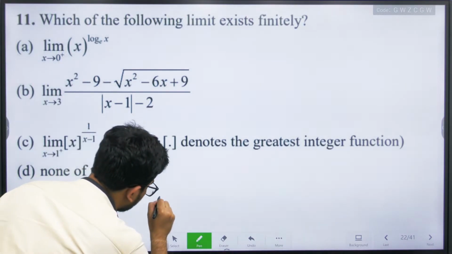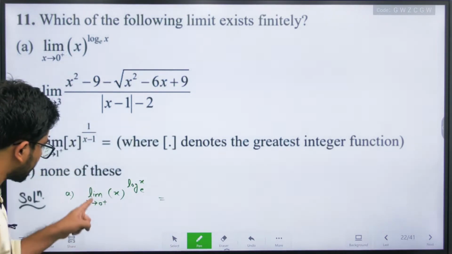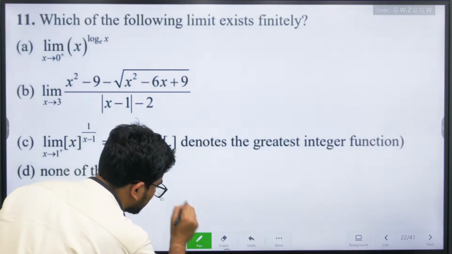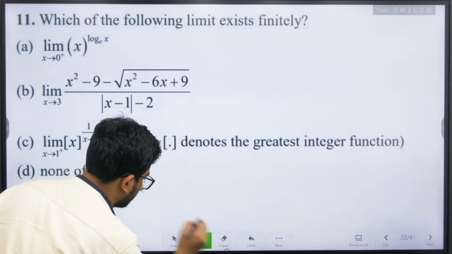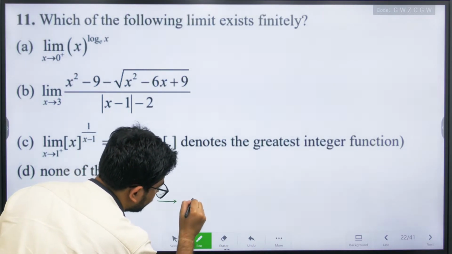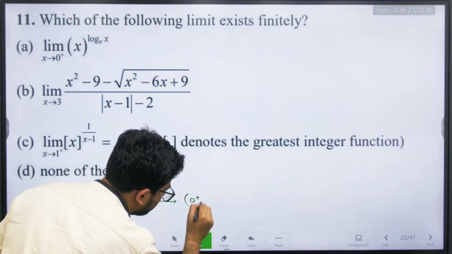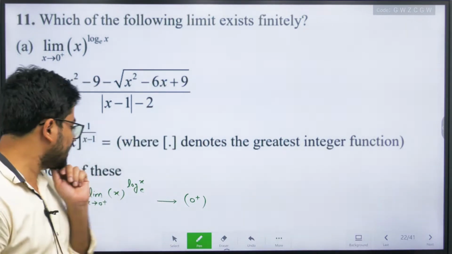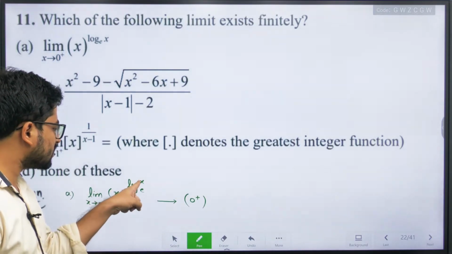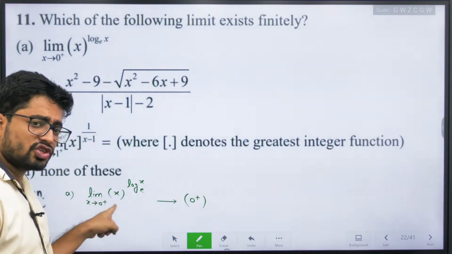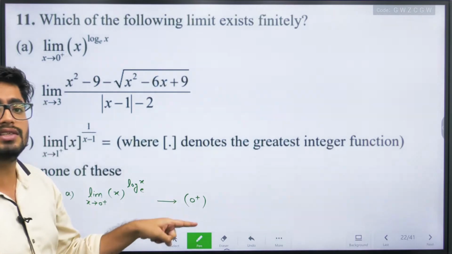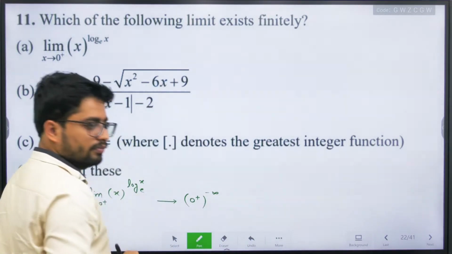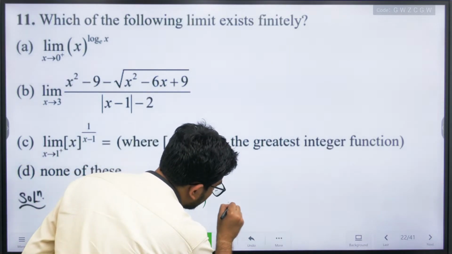Okay, sir. So if you observe, this is 0 plus. This is 0 plus to the power log x to the base e. Log x to the base e means ln x, and whenever x tends to 0 plus, ln x tends to minus infinity.